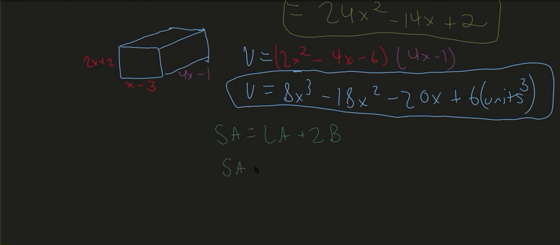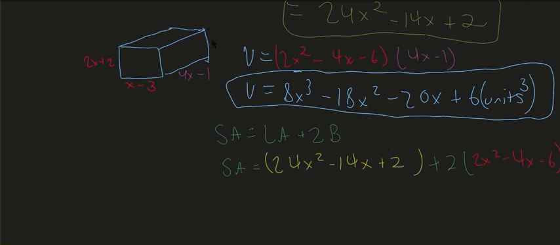So the SA equals the LA, which is 24x squared minus 14x plus 2, plus 2 times 2x squared minus 4x minus 6.